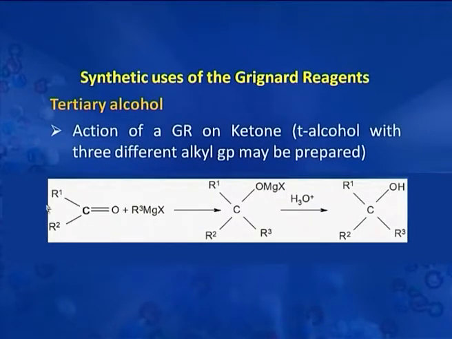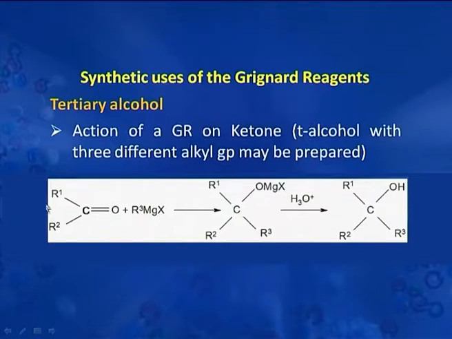In the preparation of tertiary alcohol, consider the action of a Grignard reagent on a ketone. The ketone reacts with the Grignard reagent, followed by hydrolysis. Tertiary alcohol with three different alkyl groups may be prepared.